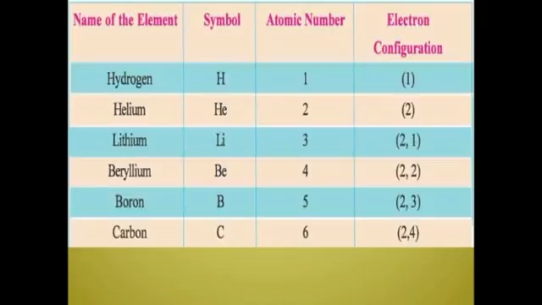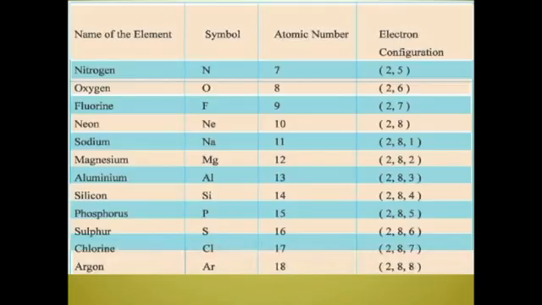You can see more deeply in your textbook. Now here are given some more elements, with symbol, atomic number and electron configuration. Dear student, you can get more detailed information in your textbook.